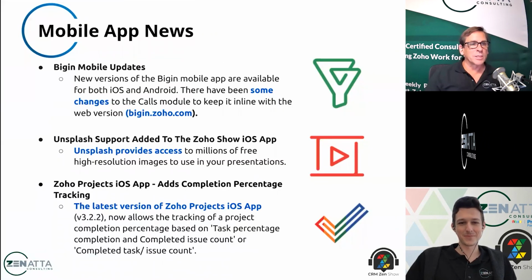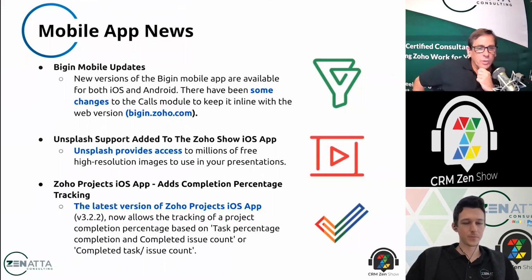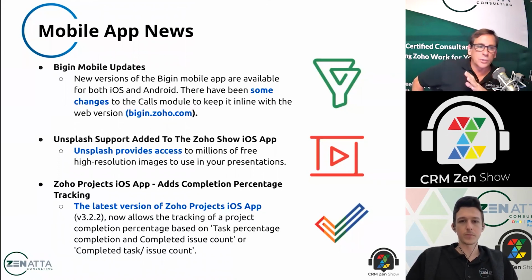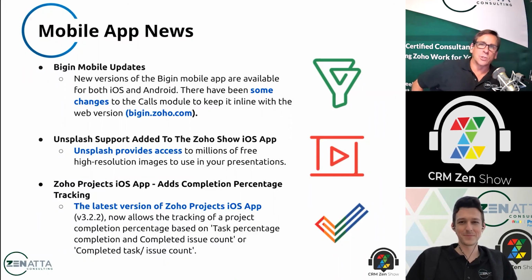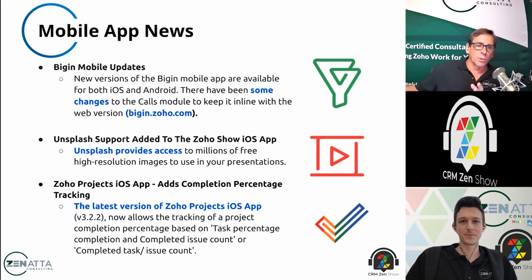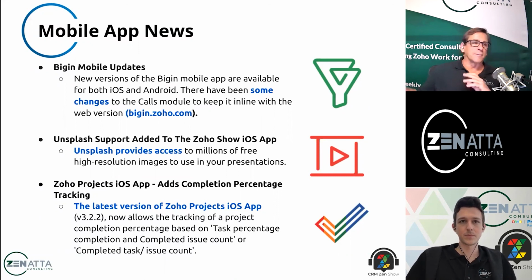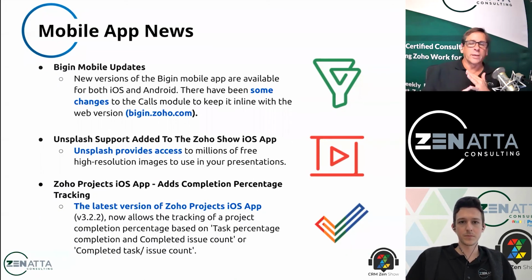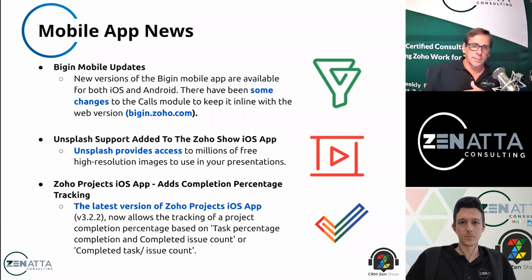And then we haven't talked about this in a while. There was a period of time, I don't know, 4 or 5 months ago, where Zoho was kind of on an Unsplash binge. So if you don't know, Unsplash is this free photo library. There's millions and millions of high resolution images, and you can use them in your presentations. I think they have it integrated with Writer, and definitely with Show.